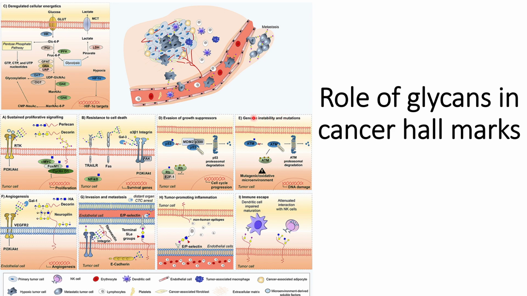Next thing is genome instability and mutations. Since most of the tumor cells are mutated, those mutations might lead to DNA damage, and this DNA damage should trigger cell death through P53 functions. However, P53 is not functioning properly. At the same time, there is aberrant glycosylation of ATM, which should have led to proteasomal degradation.